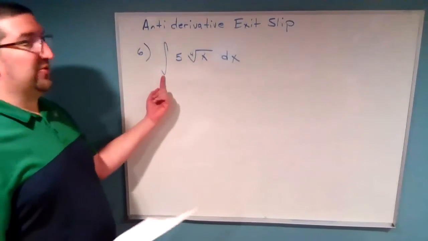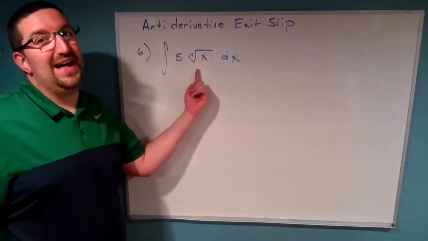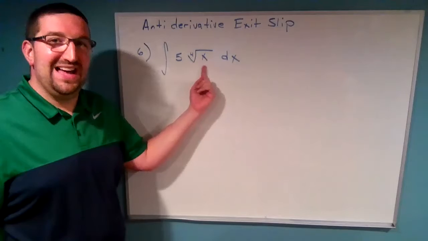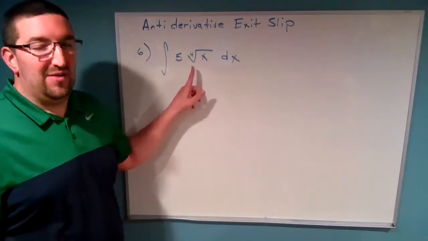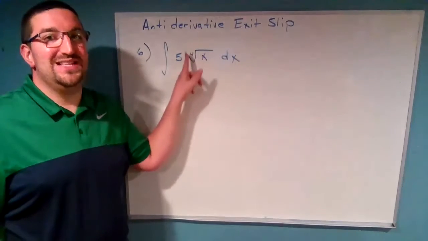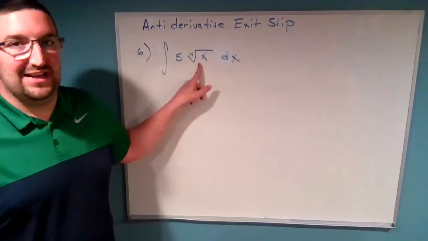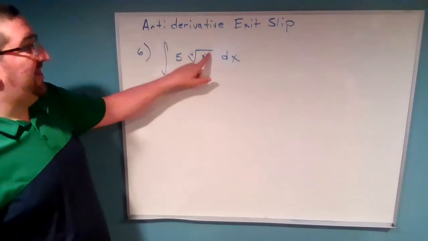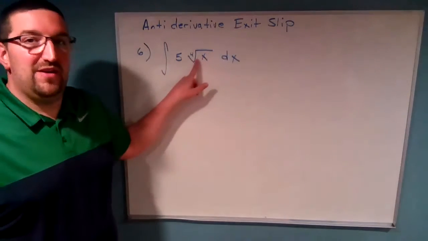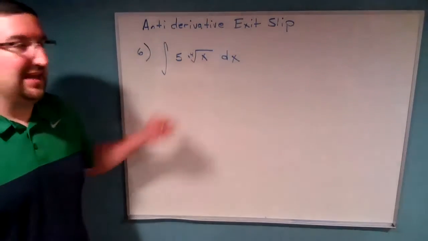We have the integration or antiderivative of 5 times the 4th root of x dx. I know it's been a while, but we have to remember how to turn this into a rational exponent. Remember, whatever the power the x is raised to is the numerator, and then this number would be the denominator.